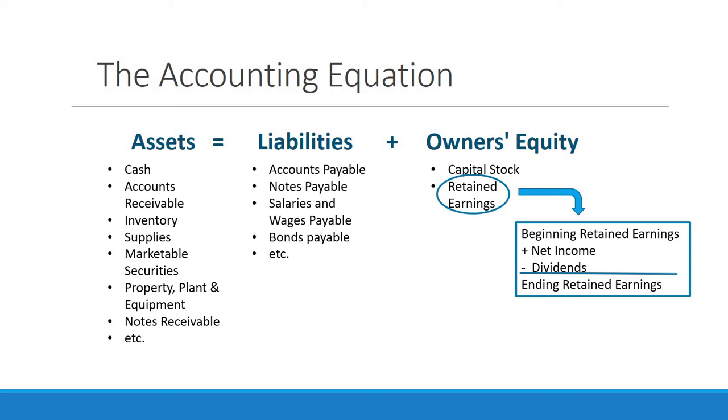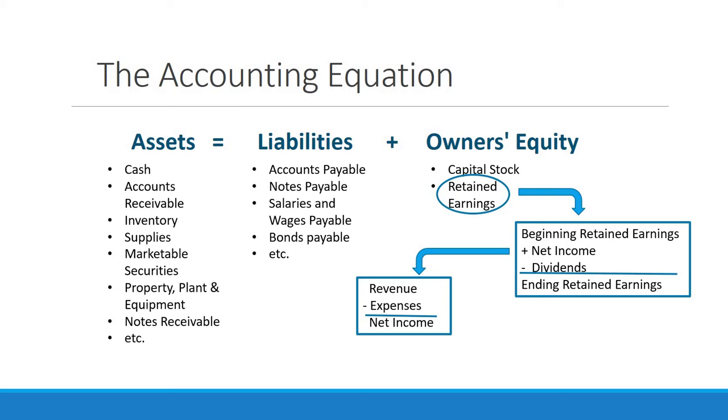This is the amount that would be reported to the shareholders and users of the financial statements, that ending retained earnings number. So this can be broken down even further. Remember that net income is equal to revenue minus expenses. So revenue are the amounts that you've earned, excluding or not considering your expenses. So for example, if I sell some inventory, the amount of money that I receive for selling that inventory is what we call revenue.